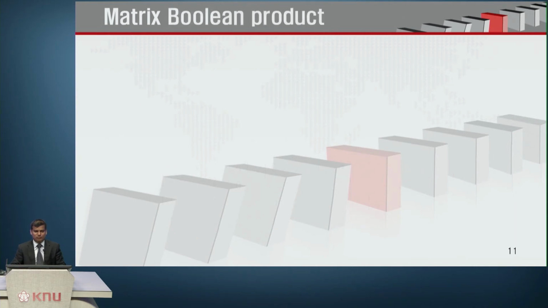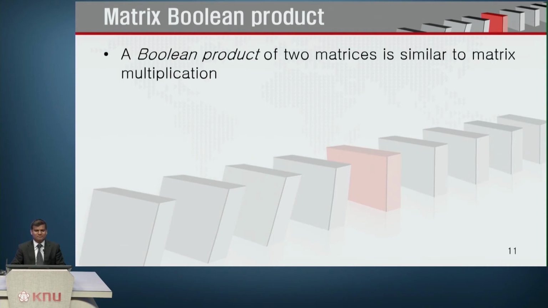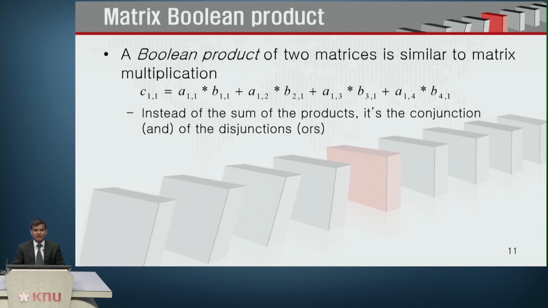Well, then let us move on to the Boolean product of matrices. A Boolean product of two matrices is similar to matrix multiplication. You can recall matrix multiplication, where C11 is A11 times B11 plus A12 times B21 plus A13 times B31 plus A14 times B41.